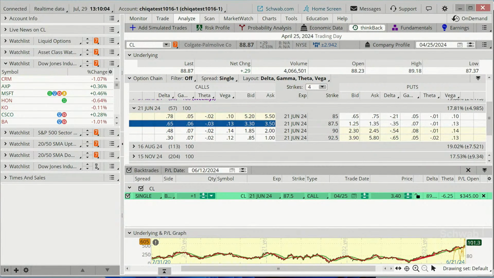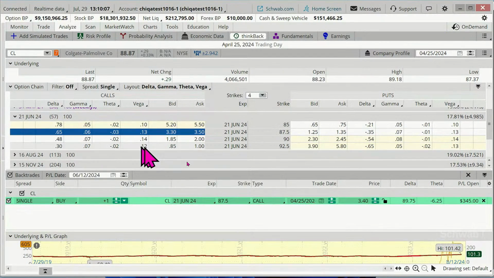Now, when we look at this, let me just shrink down this left-hand column here so you can see it a little bit better. I'm going to pull up my little drawing tool here. Now, this was our original date, April 25th. These are the details of the contract. I'm just looking at one contract of a June 21st, 87.50 call.